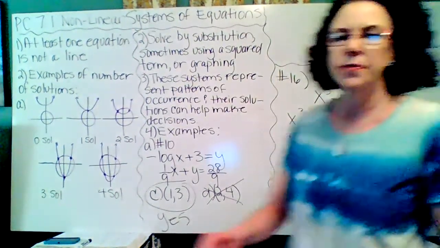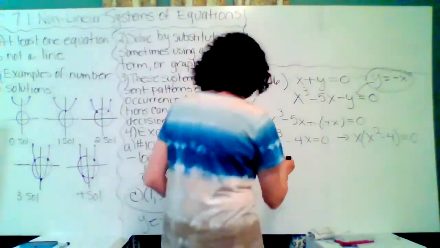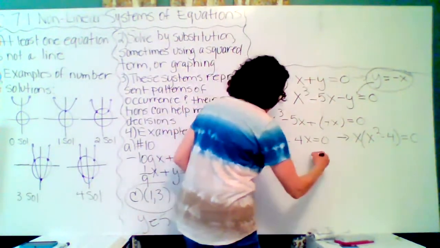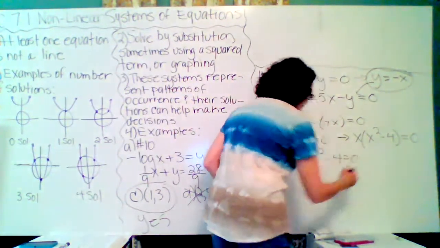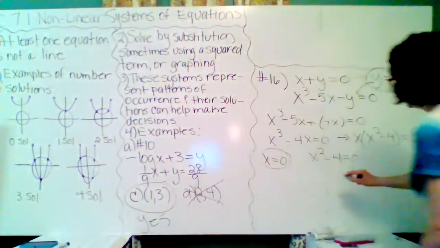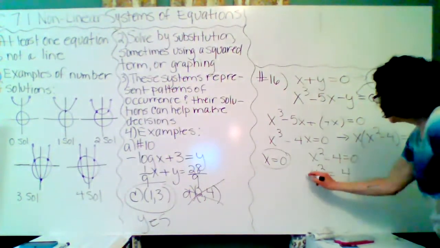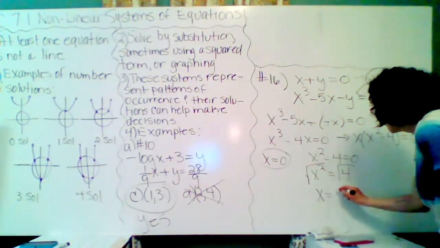Oh, I'm a little off the screen there. Hold on. There we go. I'm going to set each of these terms equal to 0. So I have x equals 0, and x squared minus 4 equals 0. Right. I'm going to add a 4, take the square root, and I am not going to forget my plus or minus.